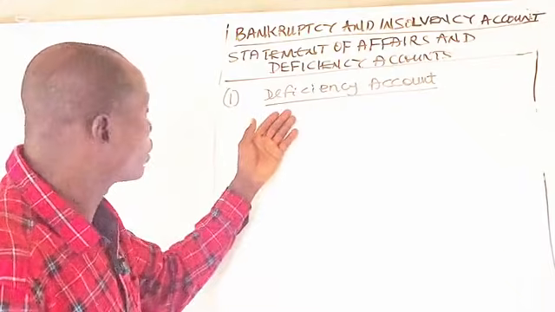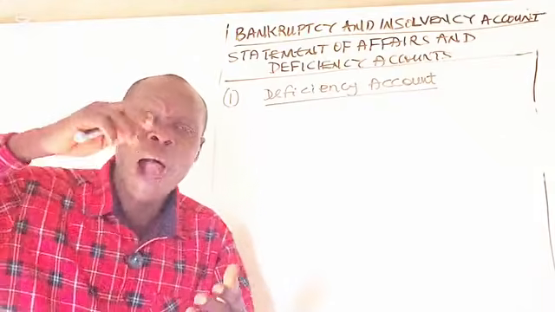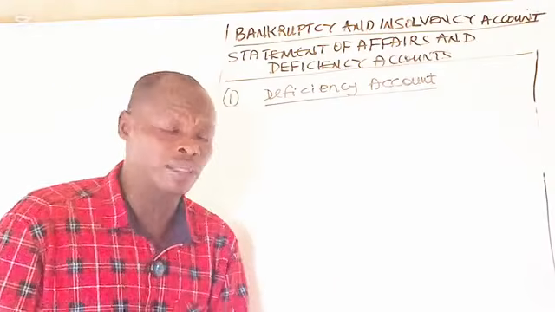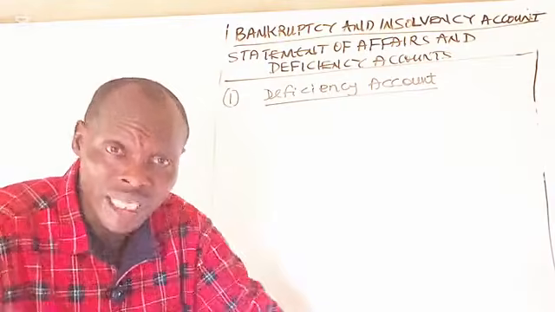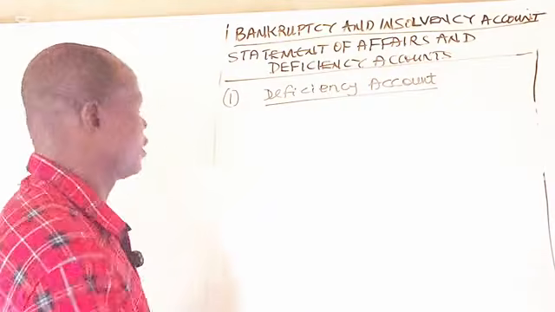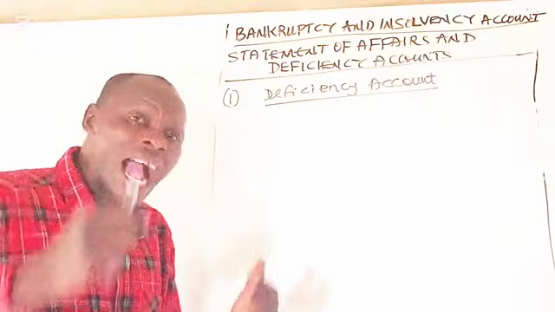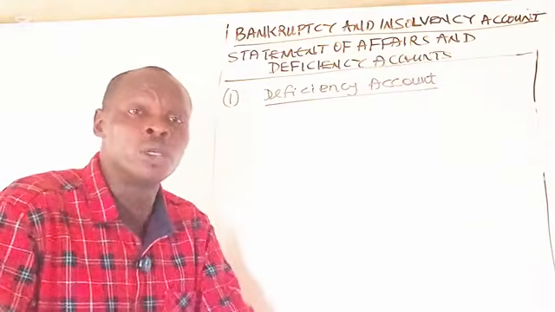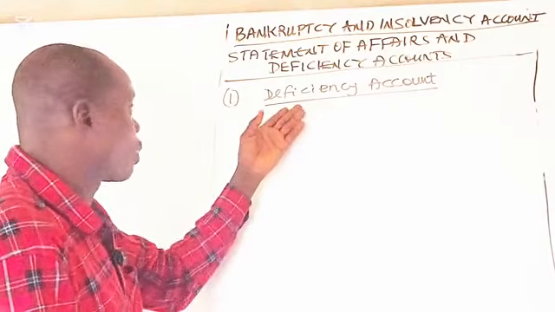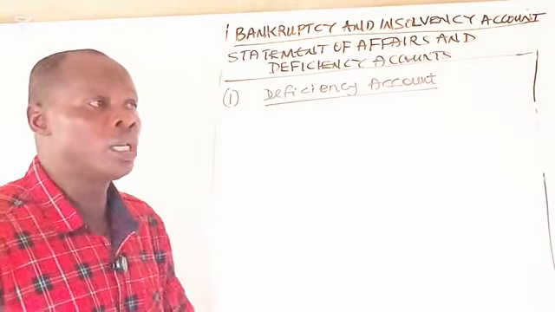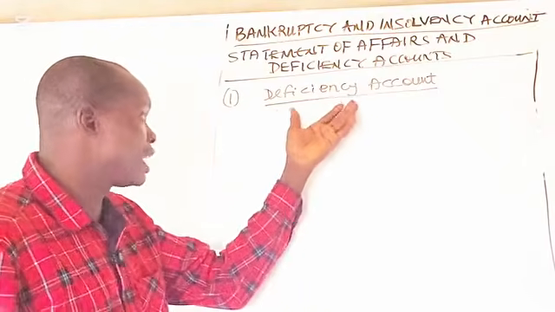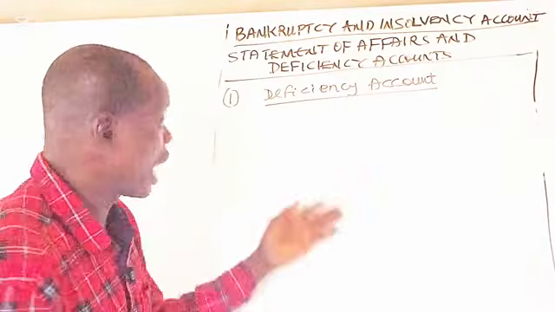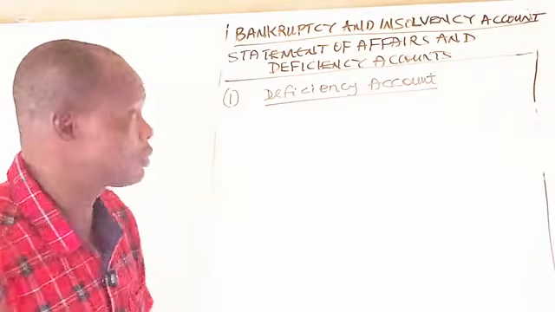That means it explains what gives rise to deficiency. What are the items that give rise to the deficiency? That is what deficiency account is all about. It is the reconciliation. The essence of deficiency account is to reconcile the position of the bankrupt.